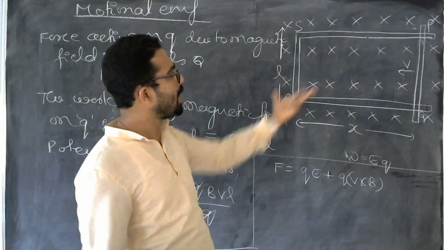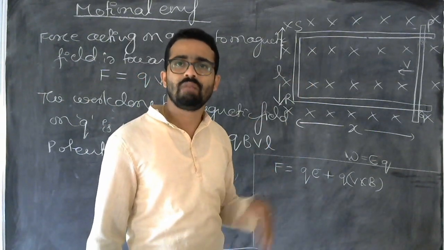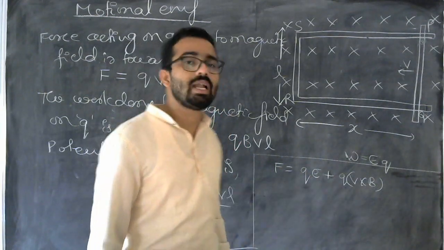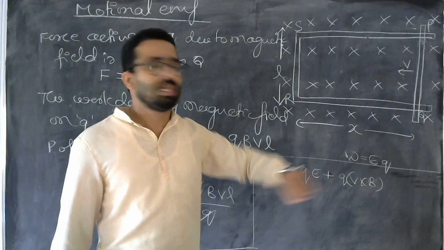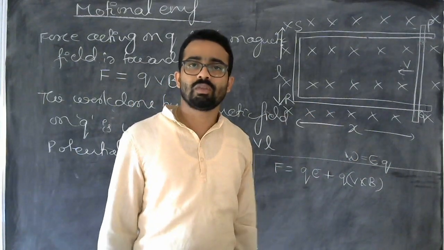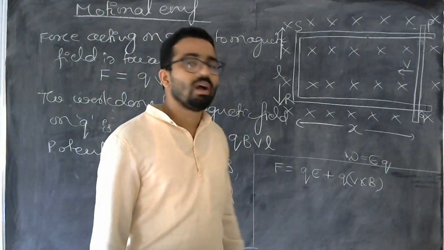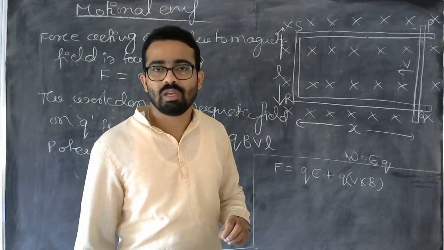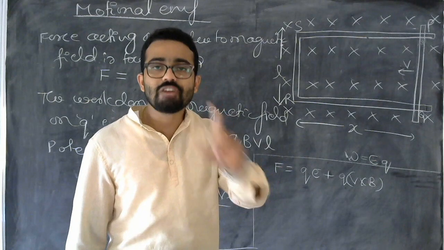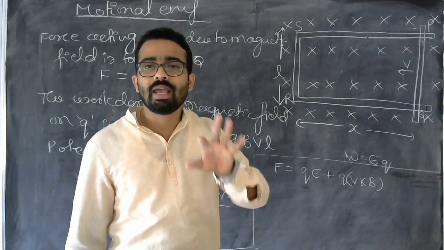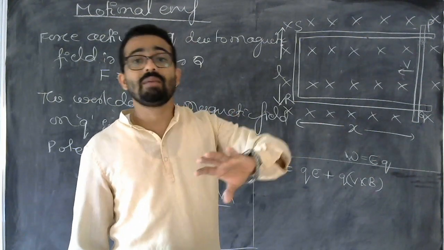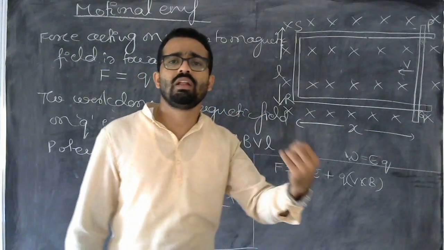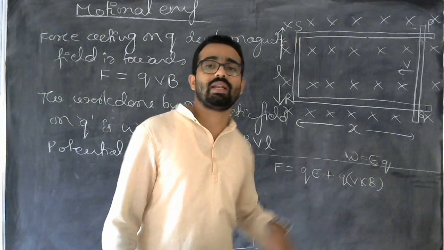But we have not applied any electric field over there. Then where does it come from? Then we should assume that this electric field is generated by the varying magnetic field. So this is the significance of Faraday's law. He is giving the relation between electricity and magnetism.